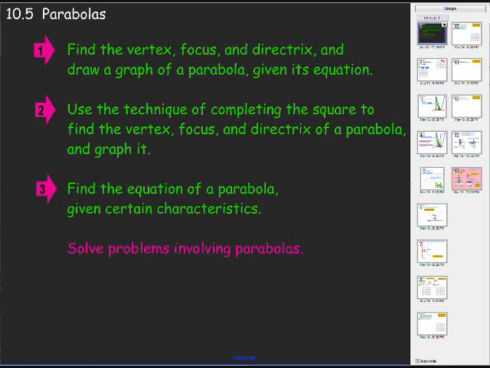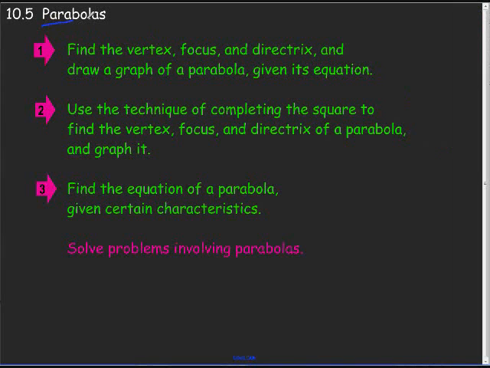Parabolas. Now, these are the shapes that you've been studying for the longest, and it's the conic that we don't look at until the very end. We've already looked at circles, ellipses, and hyperbolas, and now we get back to an old friend, the parabola.